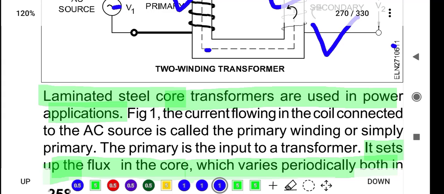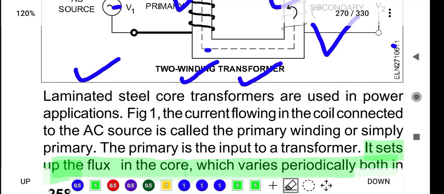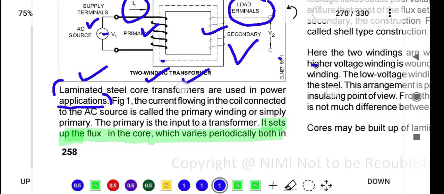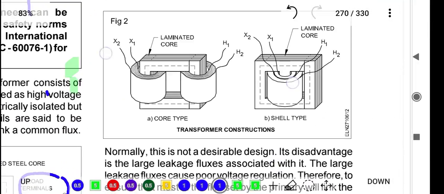The question will come in the exam: which transformer is used in power applications? The answer is laminated steel core transformer. You have to remember this point also. Now up to here this is completed. There is no doubt here. We go to the next topic.